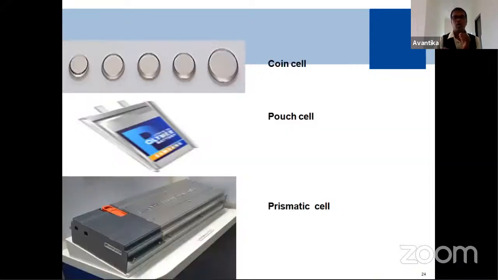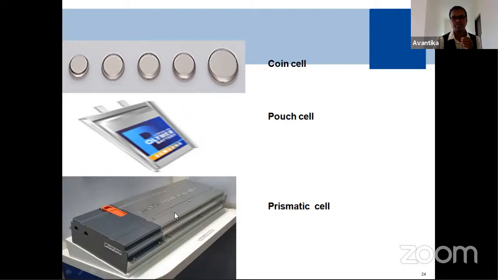Now I will tell you that there are three main types of lithium-ion batteries. One is the coin cell, which you may see in most devices, like our watches and other applications. The second is the pouch cell, which you can see in the Apple iPhone or iPod, in thin device forms.